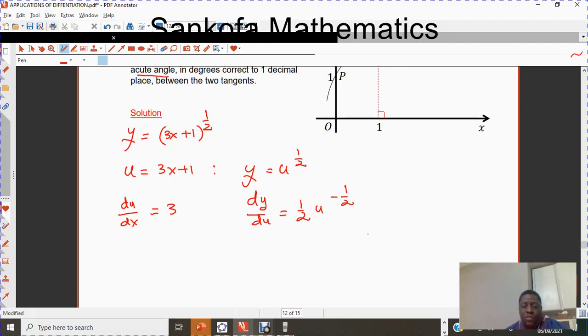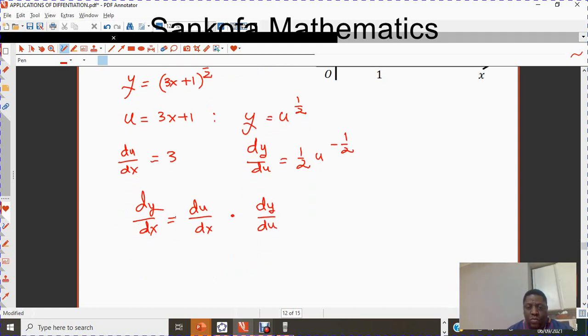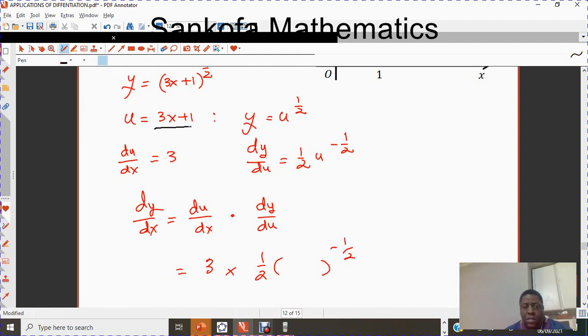So if I continue, I find dy/dx is going to be du/dx multiplied by dy/du using the chain rule. So that means du/dx, which was 3, I'm going to multiply by dy/du, which is a half u to the negative half power. But remember, my u was nothing but 3x plus 1.